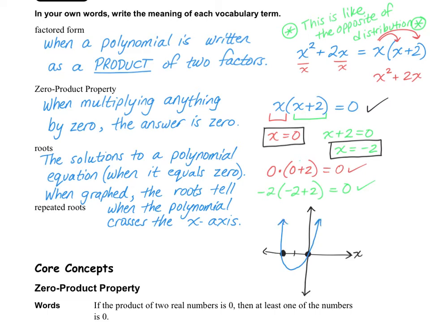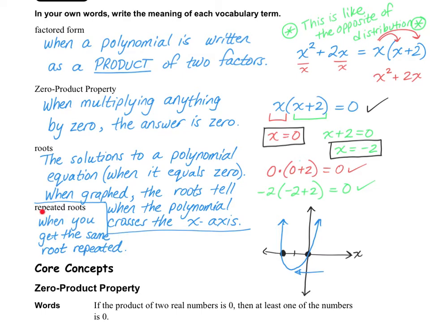I'm not exactly sure where that point is yet, but I do know that it's going to be a U-shaped graph, and I know that it's going to cross at 0 and negative 2 because those are what I found as my roots. Repeated roots is when you get the same root repeated.